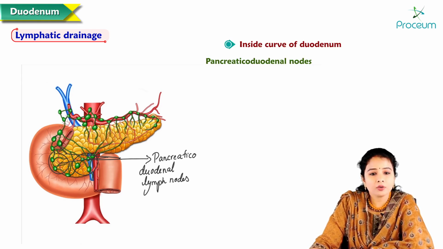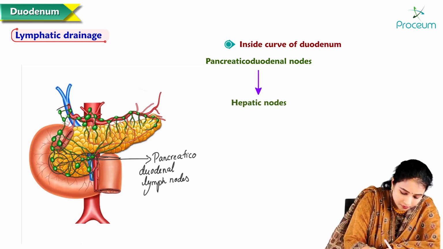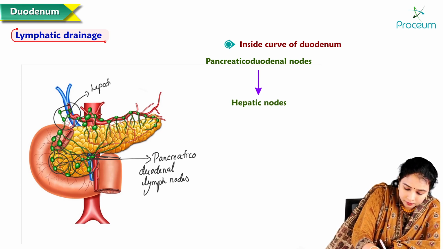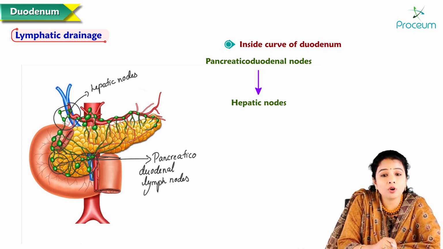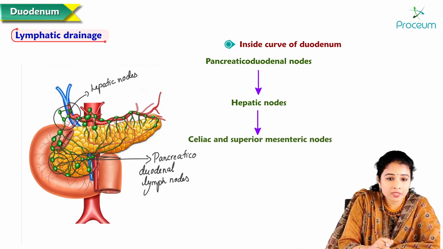So pancreatico-duodenal nodes drain into hepatic nodes. So here are the hepatic nodes. Hepatic nodes are near the common hepatic arteries, and from the hepatic nodes the lymph drains into celiac and superior mesenteric nodes.